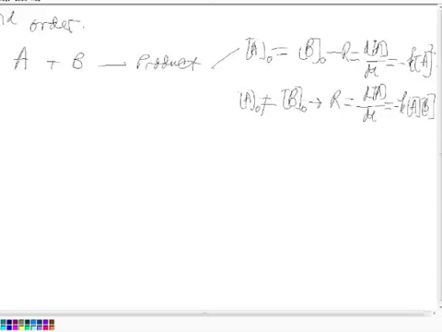So quite different. Let's integrate the equation as we already did for the first order reaction.